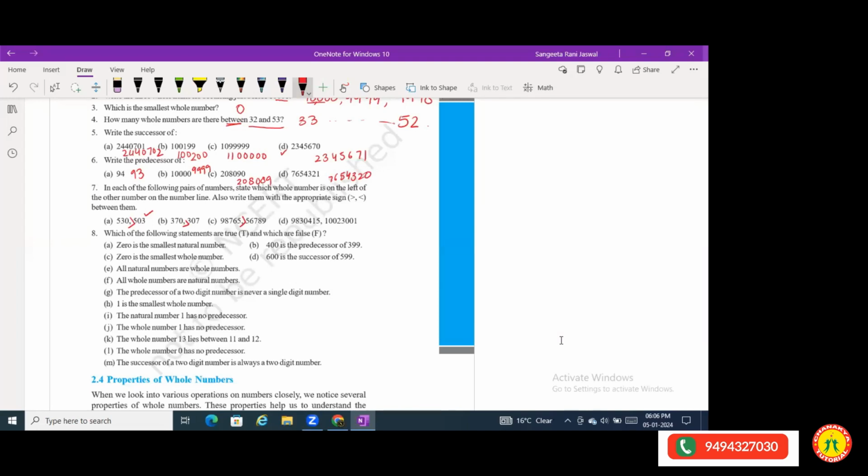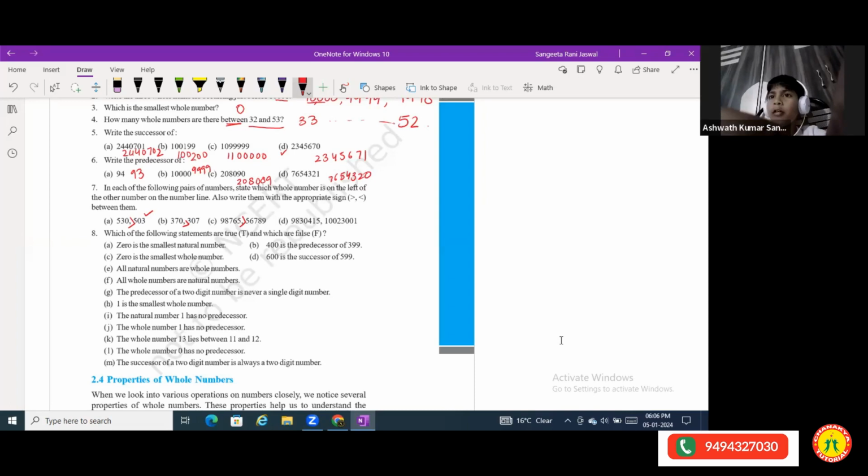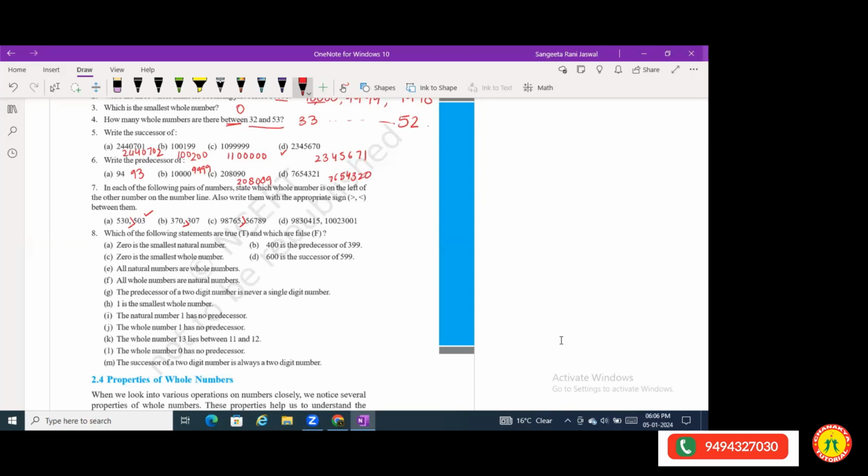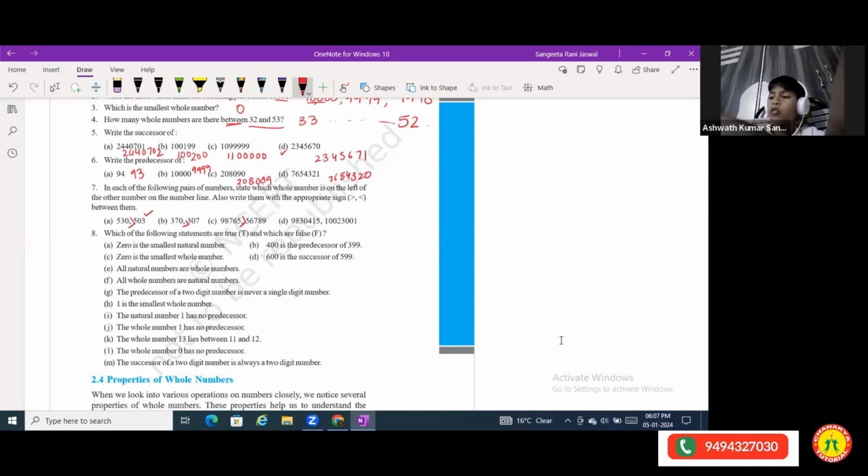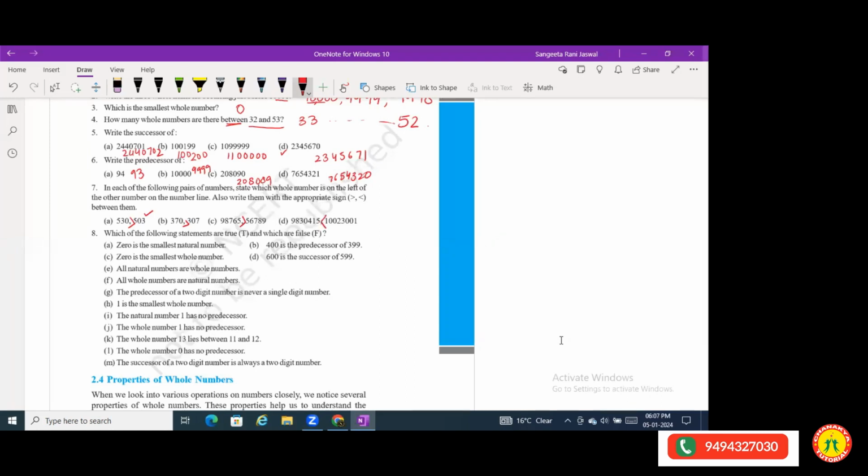Units, tens, hundreds, like this, count. Which number has more number of places? Ma'am, 1,23,000. Yes. One is greater. So this number is greater.